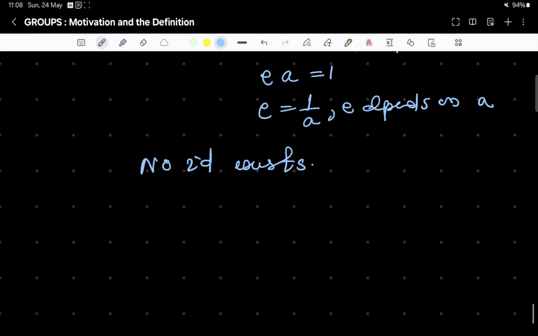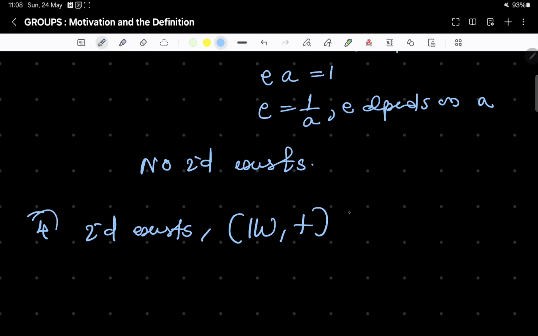Now even if identity exists, does inverse exist? For example, you take whole numbers with addition. Whole numbers are nothing but 0, 1, 2, like that.